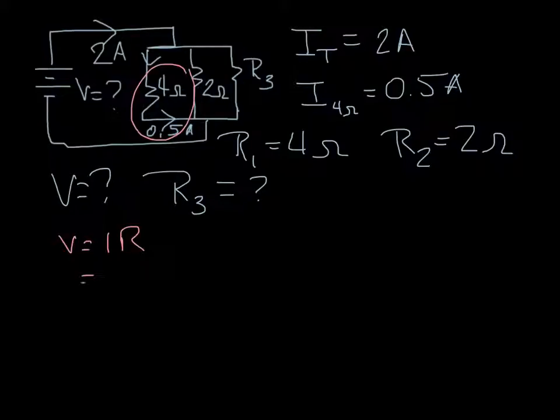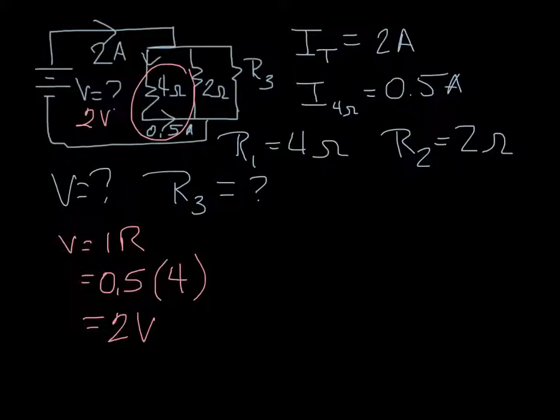In the 4 ohm resistor it's 0.5 times 4 ohms. So 0.5 times 4 ohms is 2 volts. So we now know the voltage for that circuit. It is 2 volts. So V equals 2 volts.